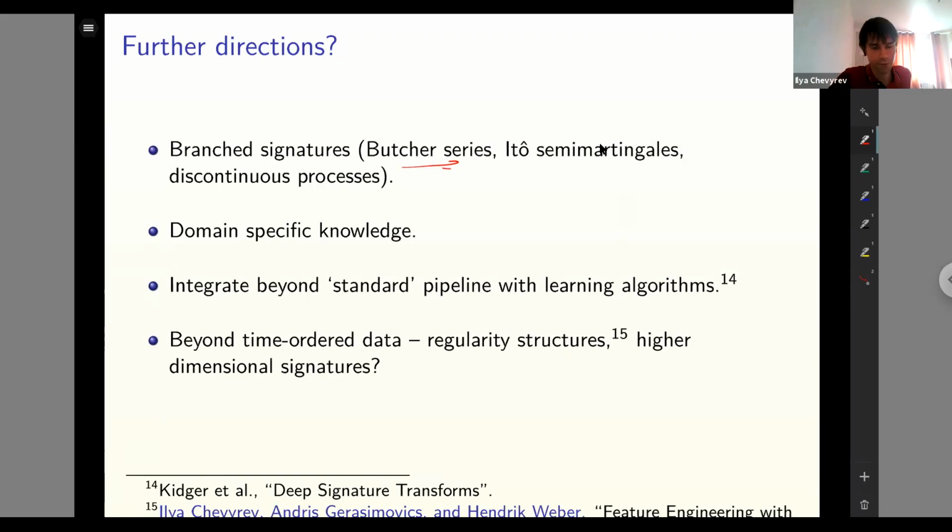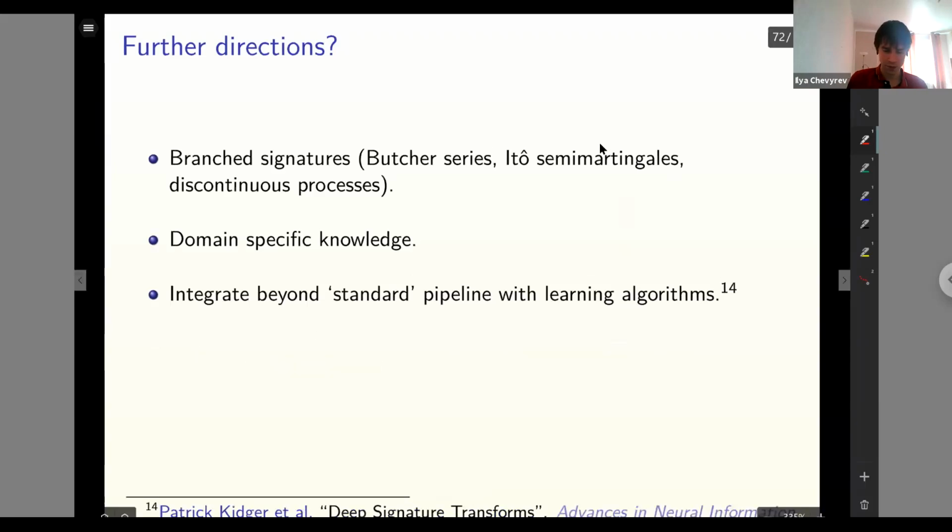Also, most of what I presented was nonparametric, so it worked for arbitrary probability measures. Sometimes understanding how to use domain-specific knowledge, for example, knowing that your probability measure is a semi-martingale, could be interesting. Also, how to integrate the signatures with learning algorithms beyond this standard pipeline, beyond just using the signature as a feature in a learning algorithm, would be quite an interesting direction.